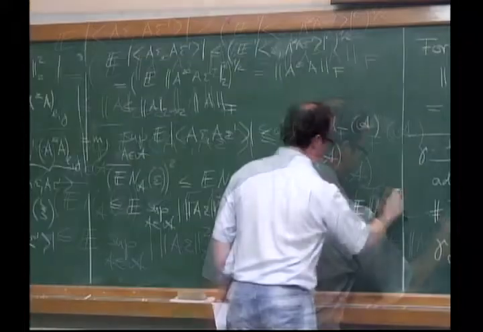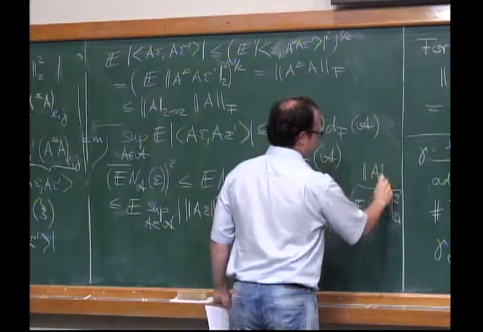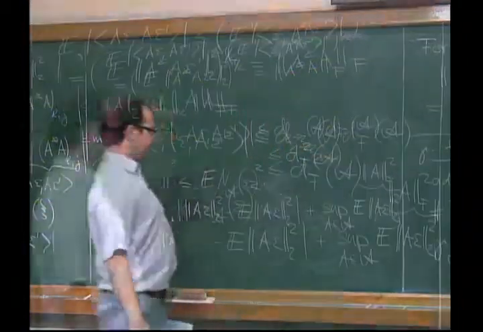And that's actually the Frobenius norm of A squared.